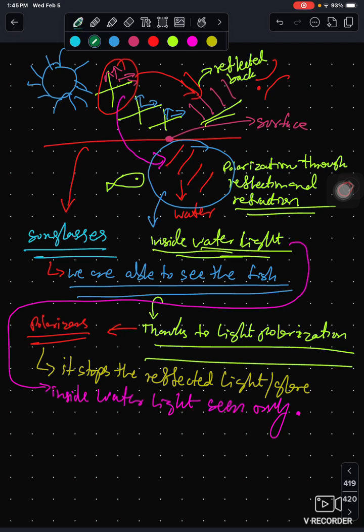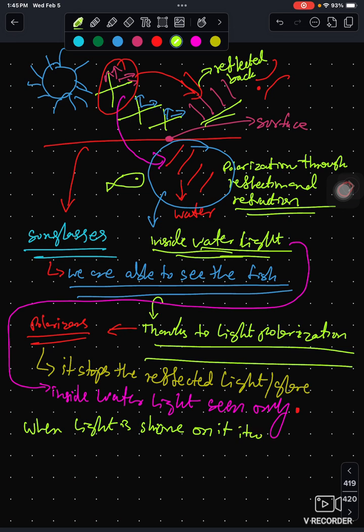And I think, by the way, you know about these glasses which have the special property that when light shines on them, they change.